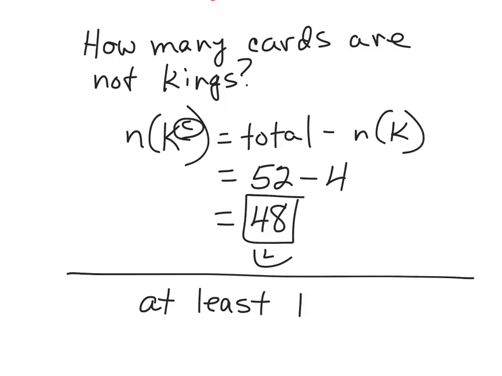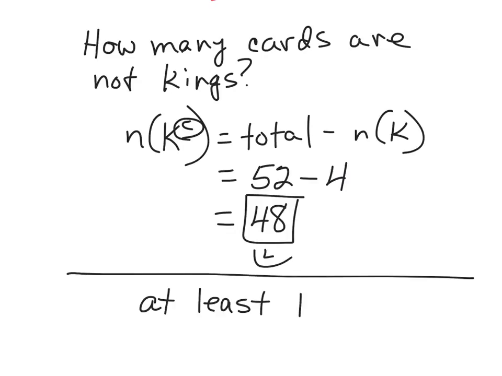Now, if I make 1, is that at least 1? Yeah. If I make 2, is that at least 1? What about 3? Or 4? Or 5? Class, what's the only way that I couldn't make at least 1 free throw? Is if I make 0. Okay, what I want you to take from this is the complement of at least 1 is 0.